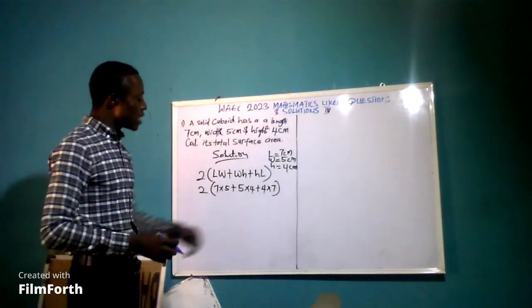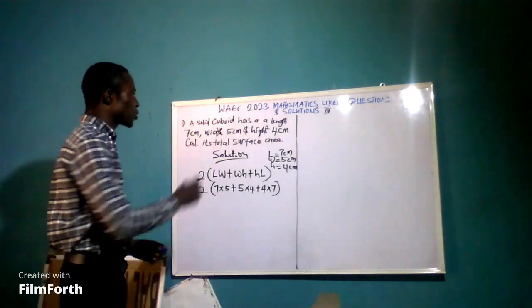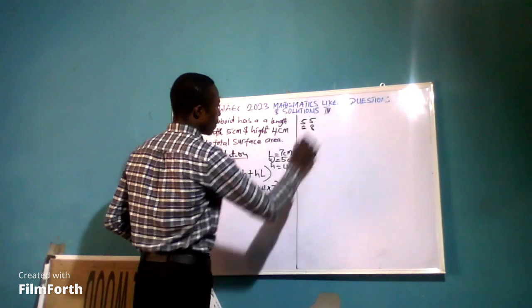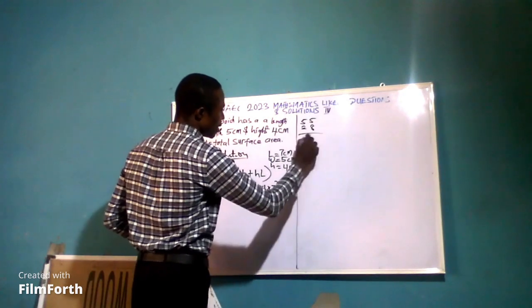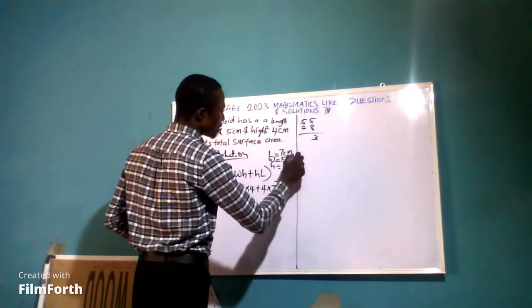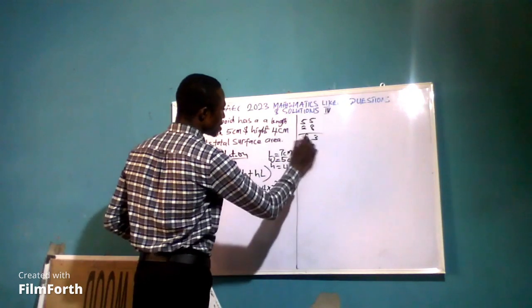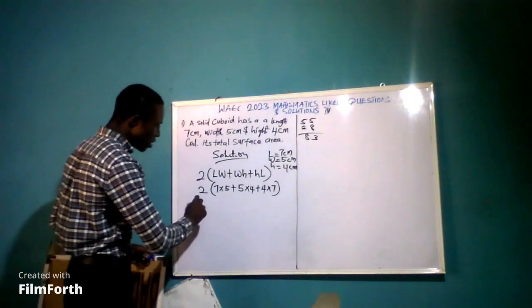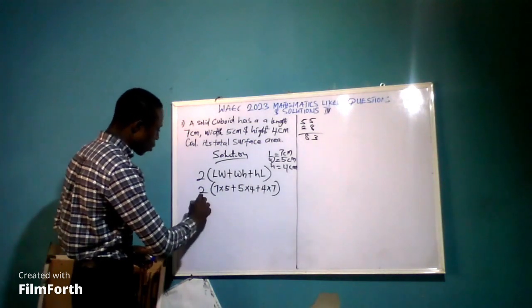Then 4 times 7 will give you 28. 28 plus 55, so you have 13 here, we write 3. Then you have 7, 7 plus 1, that's 8. So you have 83. Now 83 times 2, that will give you what?